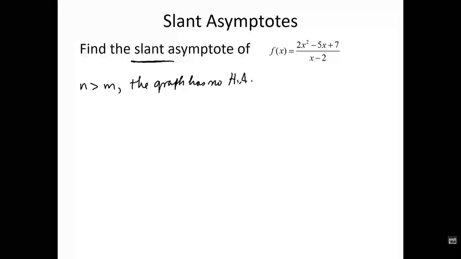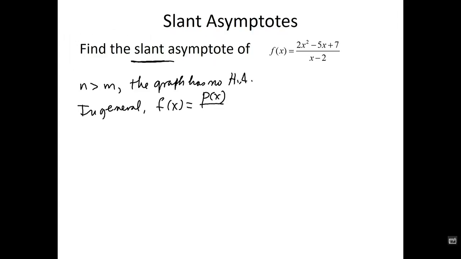All right, so in general, given a rational function f of x is equal to p of x divided by q of x, to find the slant asymptote, we actually divide the polynomial function in the denominator into the polynomial function in the numerator.